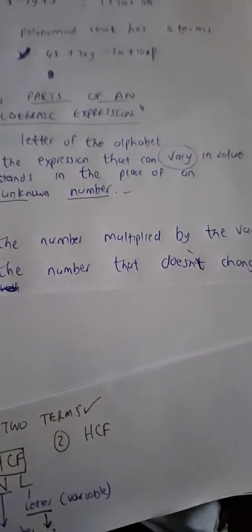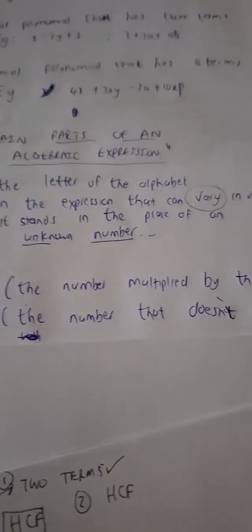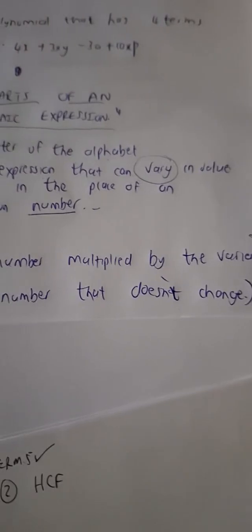Okay, the number that doesn't change. Okay, so right, yes, the number without the variable, that's fine, that's 100%. Okay, nice.